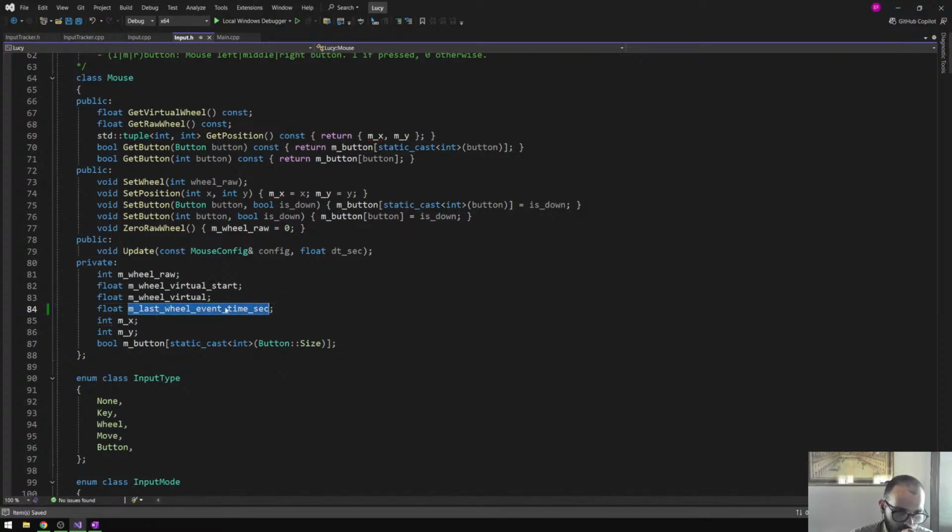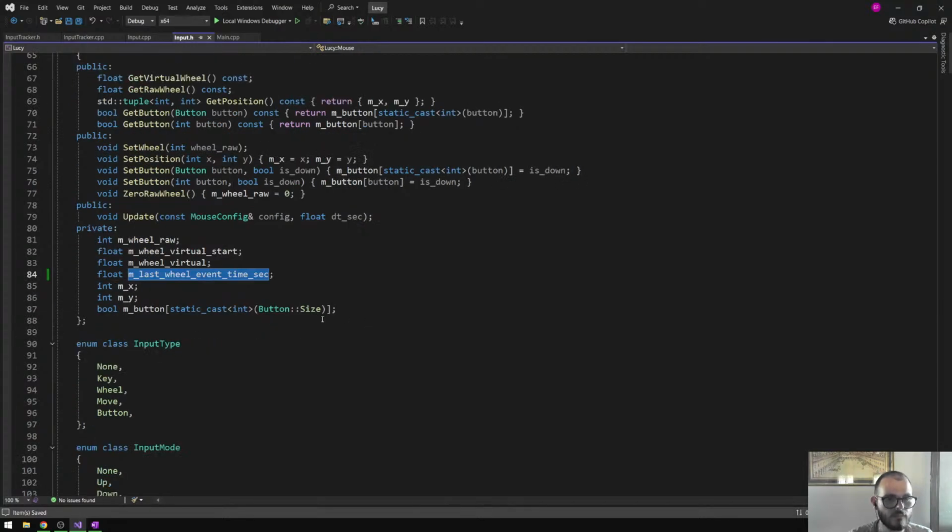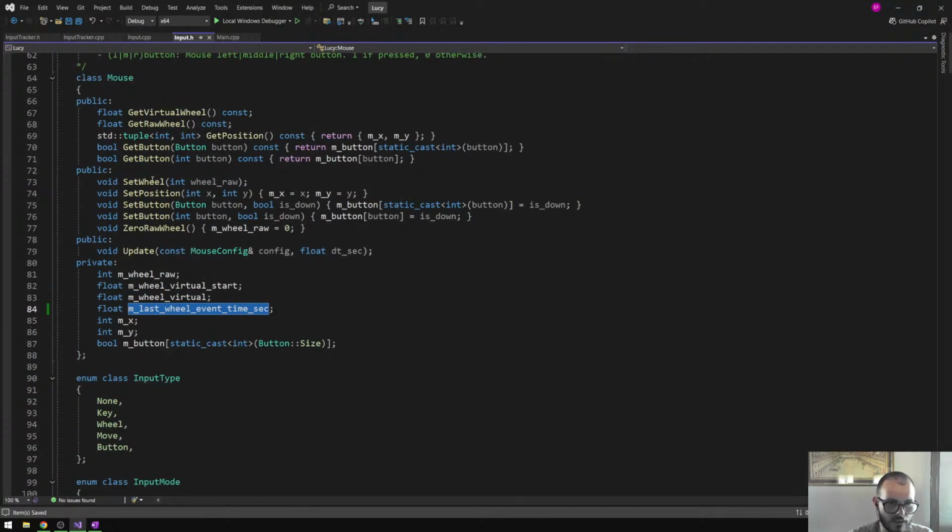Okay, last wheel event time, last wheel event time in seconds. Okay, and we pass it here.